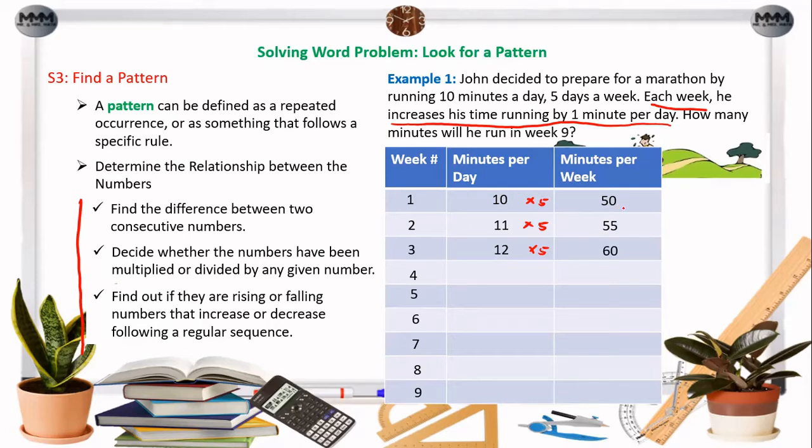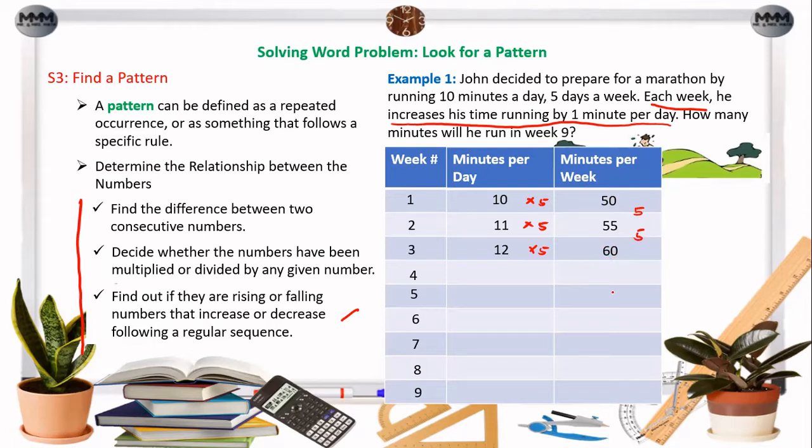Now, take note here that the numbers are increasing. Follow? So we have used this pattern or observation. It is increasing, and it increases by 5. As you can see here, 50 plus 5 is 55. 55 plus 5 is 60.